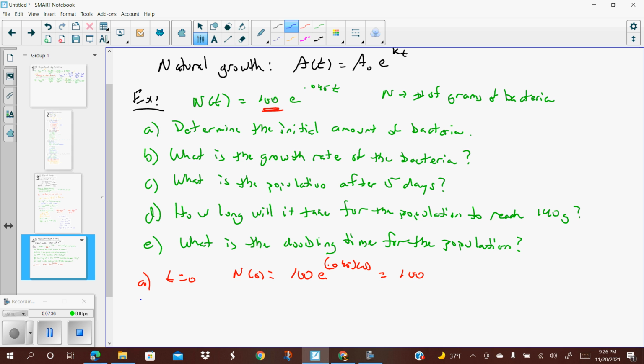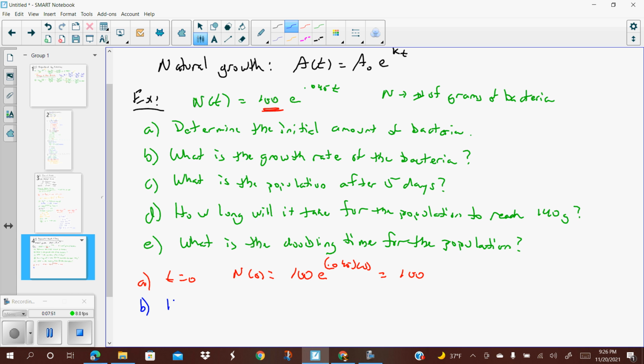Letter B, what is the growth rate? Again, remember that K is your growth rate. It's the same thing as the interest rate. This is just not interest. It's how something grows. It's given as a decimal.